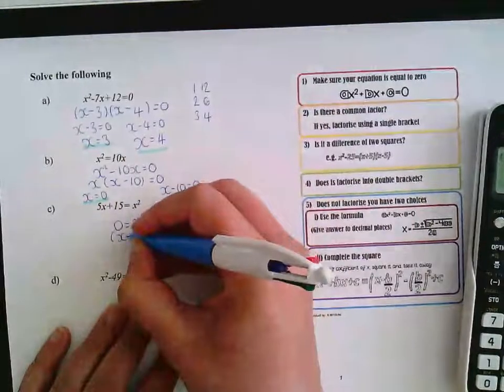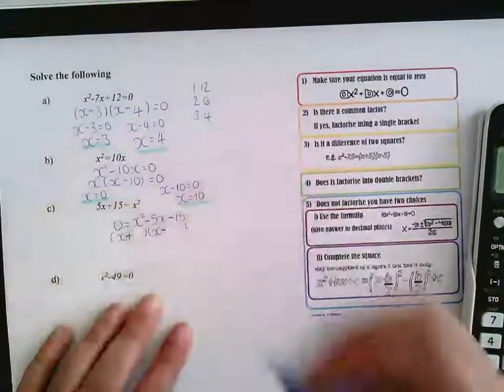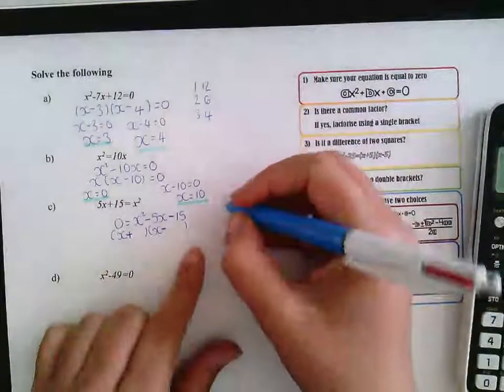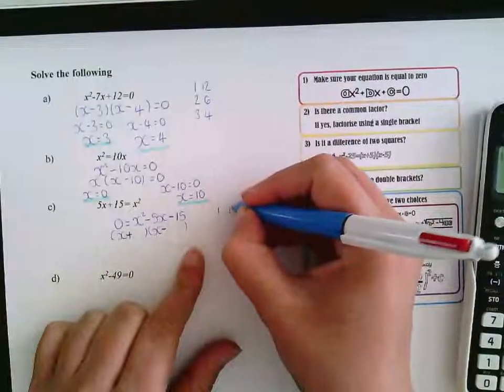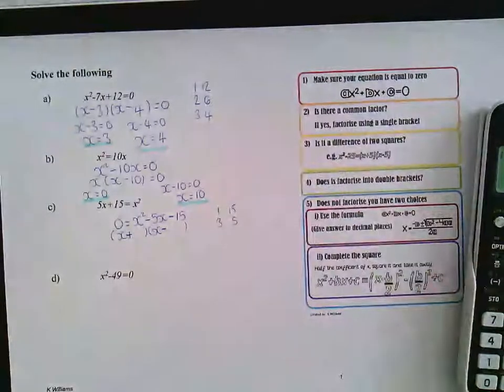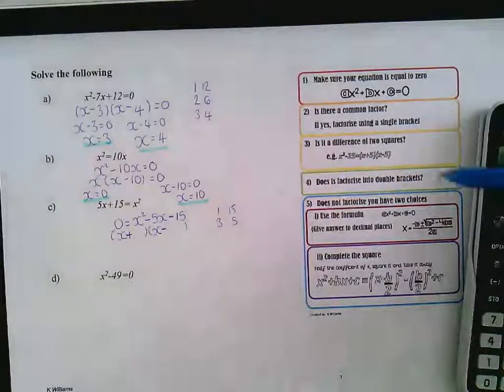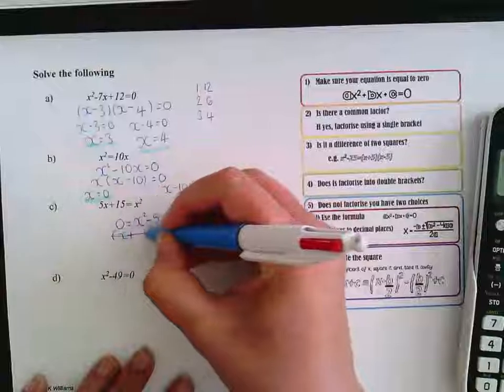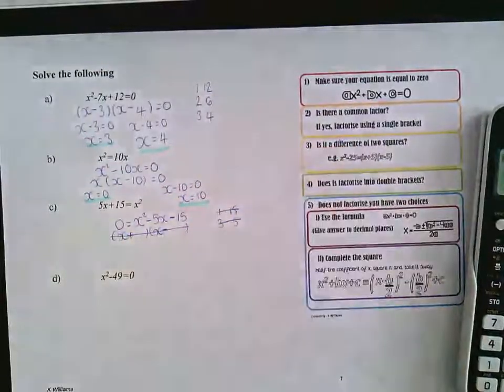Now, we multiply to make a negative, so I've got different signs. All right, numbers that multiply to make 15 are 1 and 15 and 3 and 5. Can I create a 5 from them? The answer is no. So this means I cannot double bracket. So I now go on to the quadratic formula.